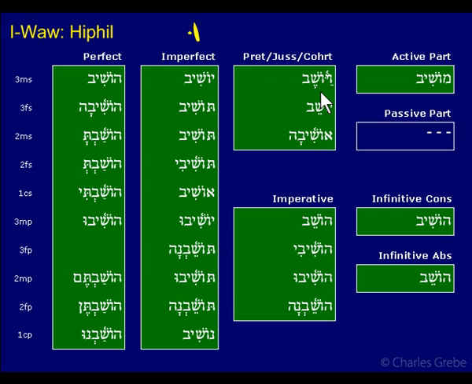Here it's reduced, but that's not odd. We've seen reduction before. And here it's reduced as well. Reduced to two different things, interestingly enough. Hiriq Yud goes to a segol there, and it goes to a tzere here.